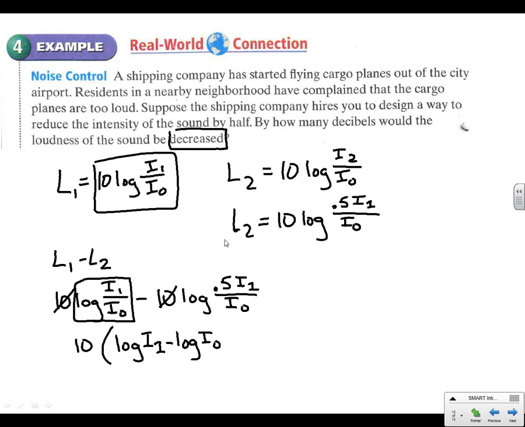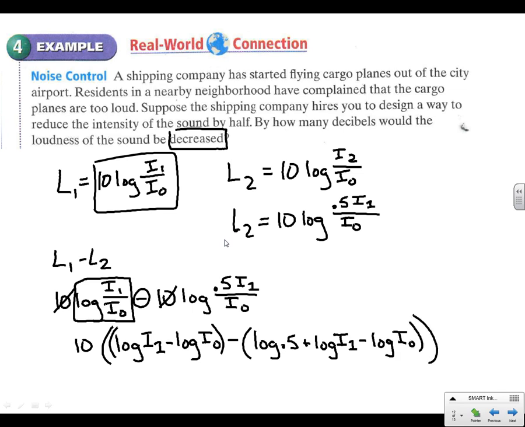And then we need to minus this whole thing here. Let me put parentheses around each part just so we can see what's going on here. Minus the log of, now we're going to multiply the top, so log of 0.5 plus the log of I1 minus the log of I0.